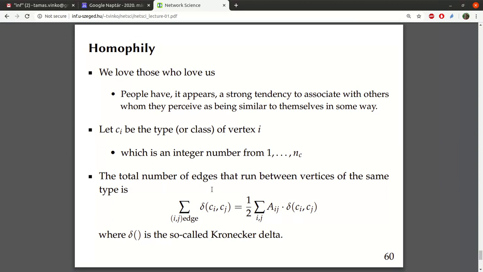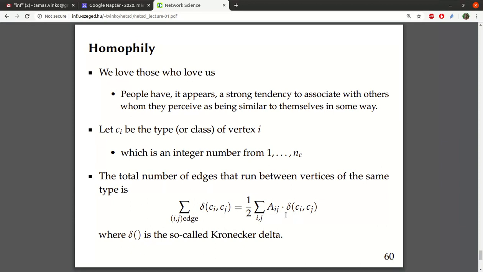Using this for all the edges, we are checking the endpoints of all the edges, whether they are in the same group or in different groups. And then we are summing up these numbers.